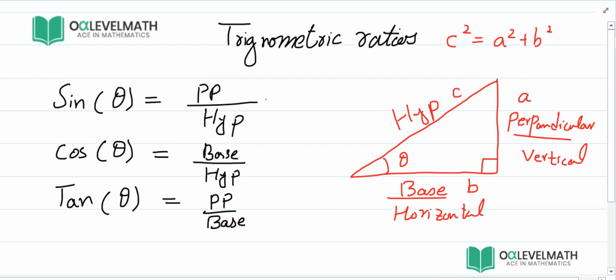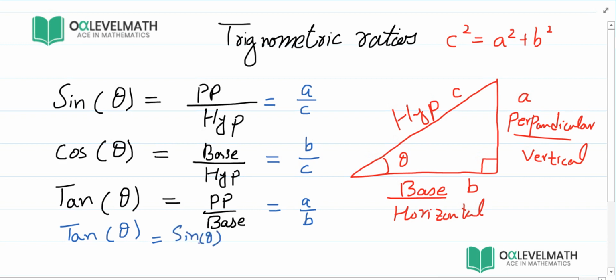Let's write them in terms of the defined lengths. So perpendicular over hypotenuse, A over C, is sine theta. The cos theta would be B over C, and the tan theta would be A over B. It is to be noticed that we can write tan theta in terms of sine theta and cos theta, as sine theta over cos theta.